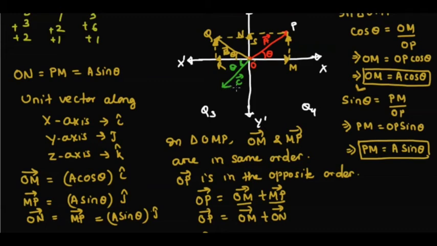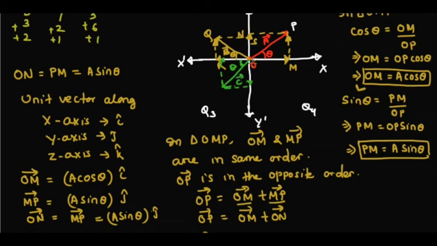So if you draw perpendiculars onto the y-axis and onto the x-axis, you will see that in the third quadrant both the x component and y component will be negative, meaning the directions will be along minus i cap and along minus j cap. The direction of the x component will be along minus i cap and the direction of the y component will be along minus j cap.